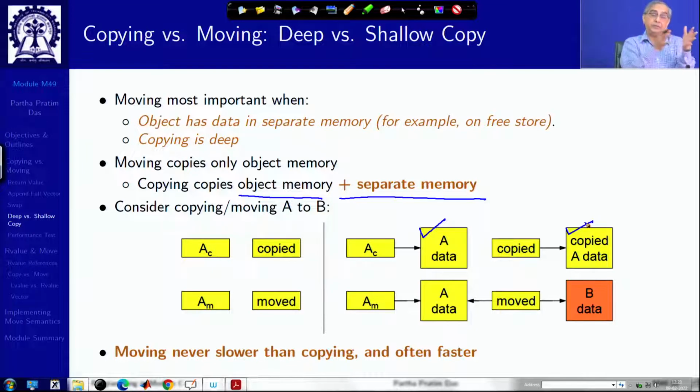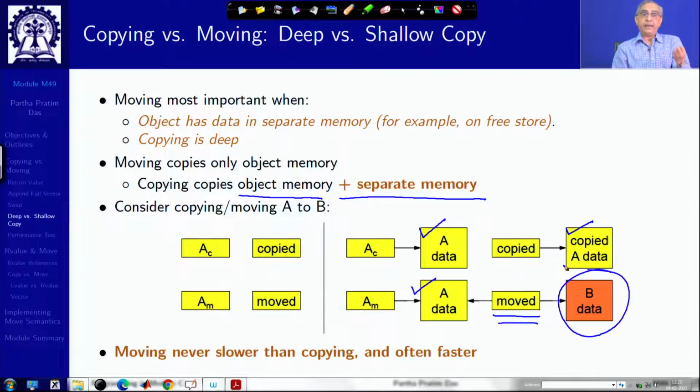So, you copy the pointed objects as well, whereas for a move, I will have the A's data, the object memory, but I will not have a copy of the A's data, I will use A's data itself. I will not create that separate memory again, I just take that memory.